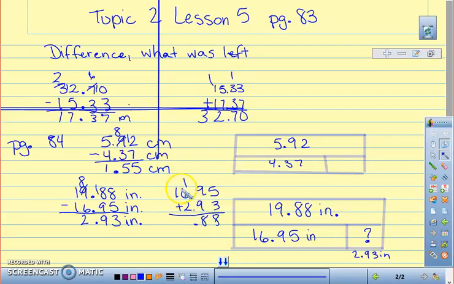I'm going to regroup. 1 plus 6 plus 2 is equal to 9. So 19 and 88/100 inches. I think it's so important to check your work, just to double check and make sure.